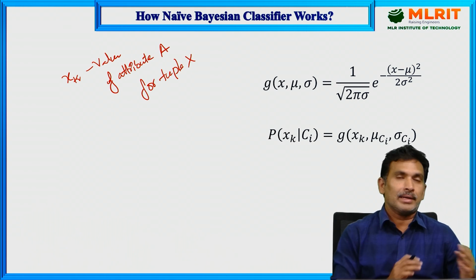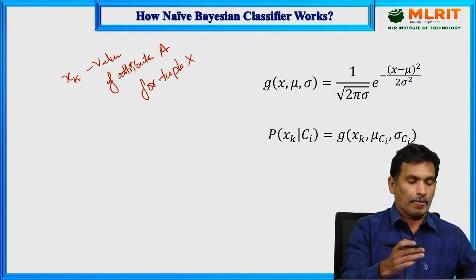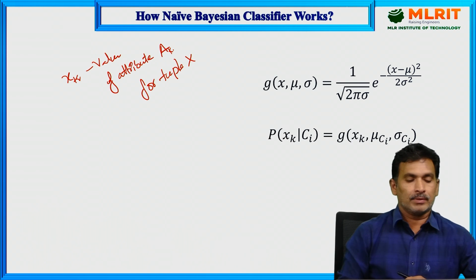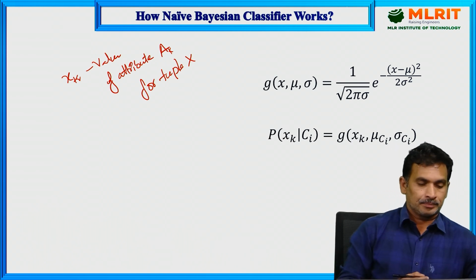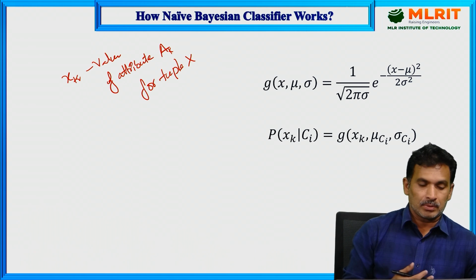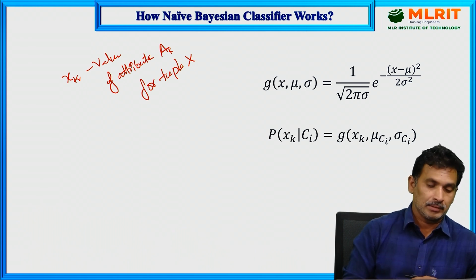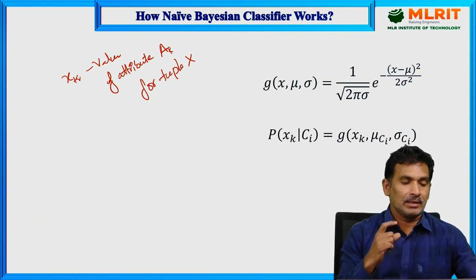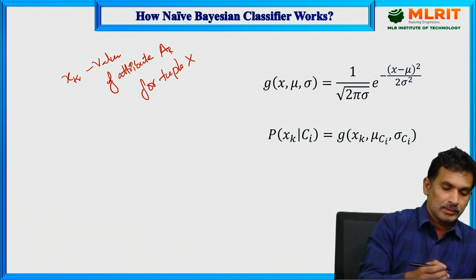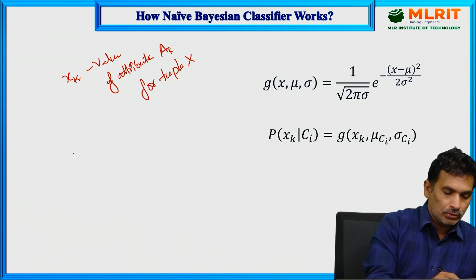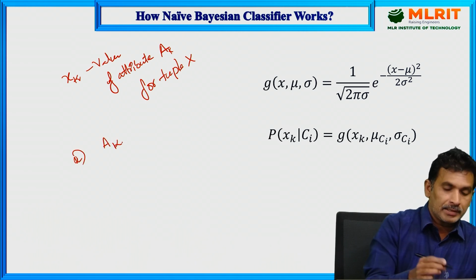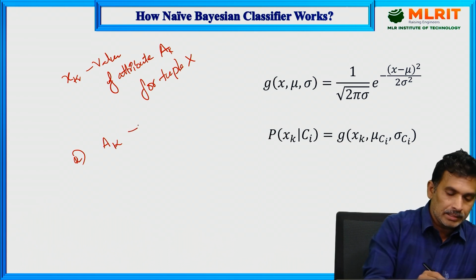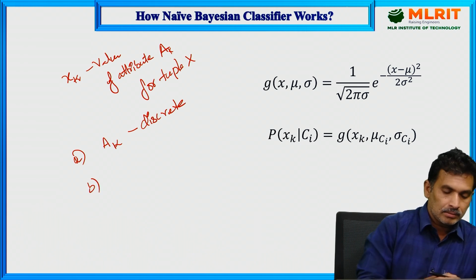While calculating these conditional probabilities, we check each and every value of the attribute. There would be two choices: first, the attribute Ak is a discrete value, and second, Ak is a continuous attribute.